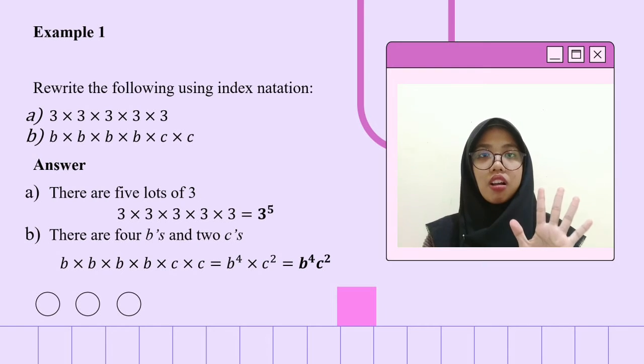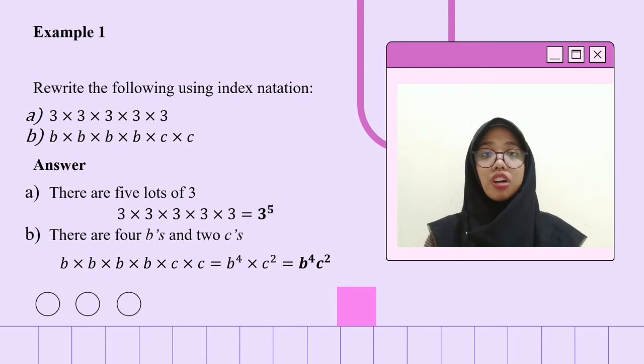There are 5 slots of 3. So 3 times 3 times 3 times 3 times 3 equals 3 to the power of 5. Okay, we read this answer as 3 to the power of 5.